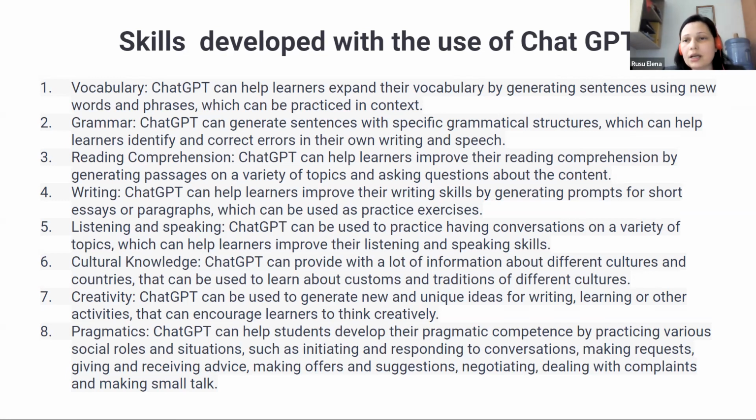Cultural knowledge. We will see later that some texts won't keep the information related to the culture of a specific country, and somehow there are people who are looking at the answers in order to correct them or see if the answers are not connected to reality, because the information in ChatGPT is updated only until the end of 2021.